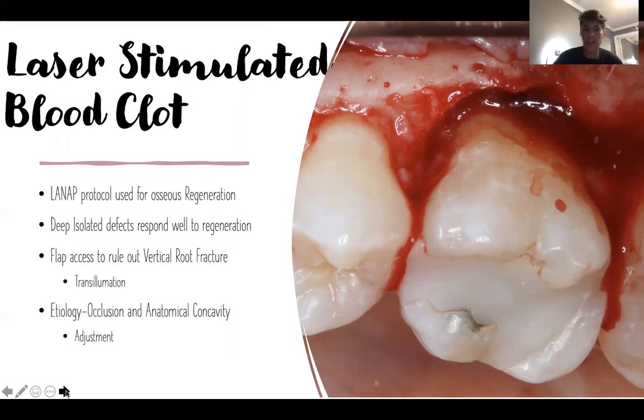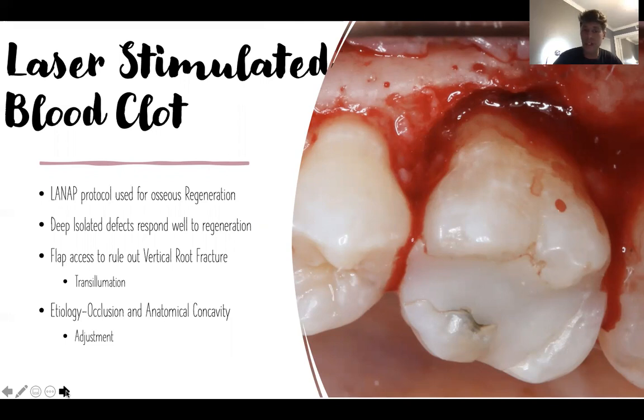So this does not follow the LANAP protocol due to flap reflection, but the reason for flap reflection was one, to transilluminate to rule out vertical root fracture, and two, for root preparation and biomodification. I can't do that in a closed procedure.